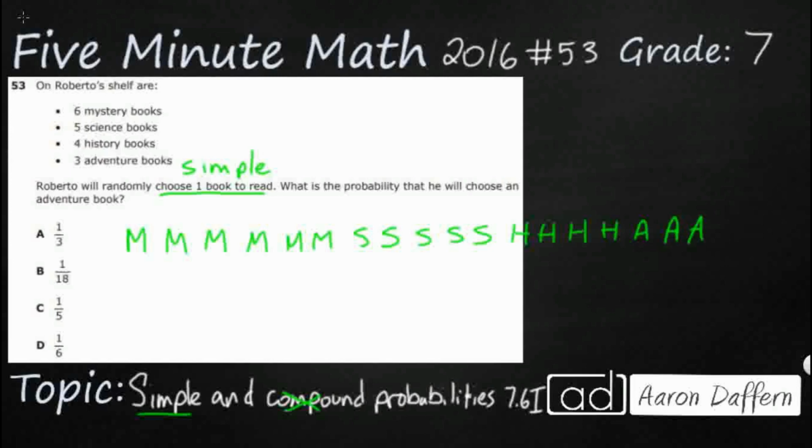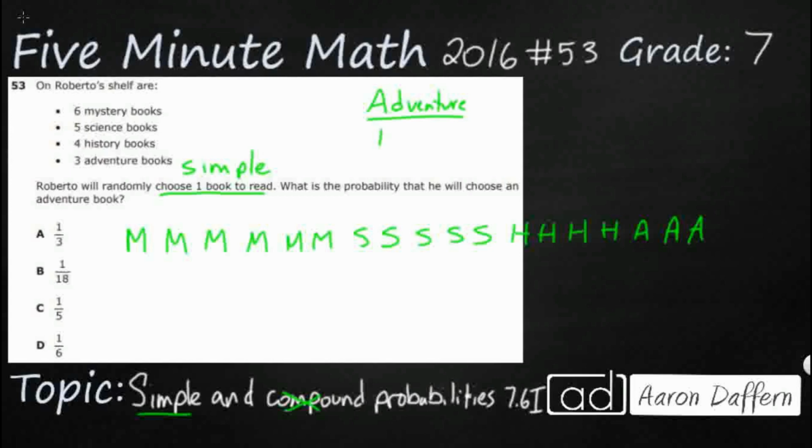Let's pretend those are all on the shelf, and I want to simply randomly choose one. So what is the probability that he is going to choose an adventure book? Let's represent this probability with a fraction. Our numerator, in this case, is going to be the number of adventure books that we have.